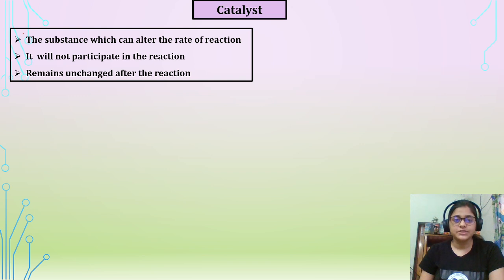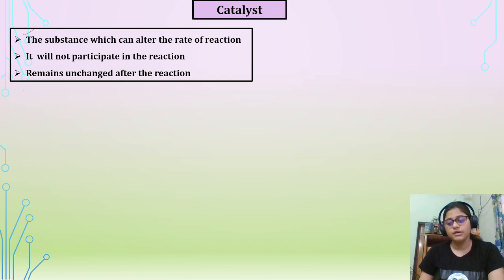It is a substance which can alter the rate of reaction. It will not participate in the reaction; it is not that it participates and then the reaction rate improves. Nothing like that is happening. It remains unchanged after the reaction. These are some important points about the catalyst.